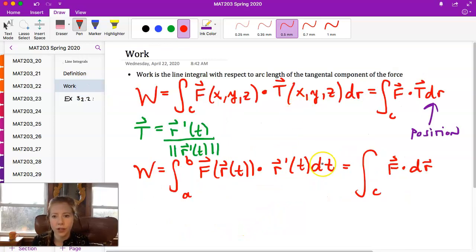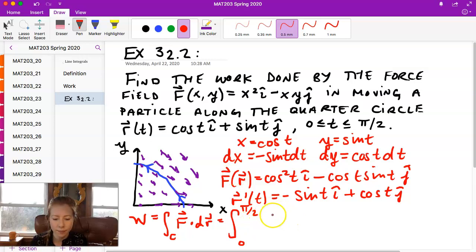If you look at our definition here, this is equal to, over our time interval from a to b, f as a function of t dotted with our first derivative of position. So let's write that in: f of r dotted with r prime t dt.